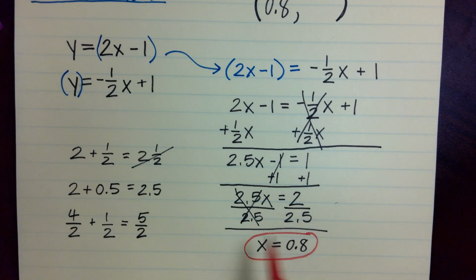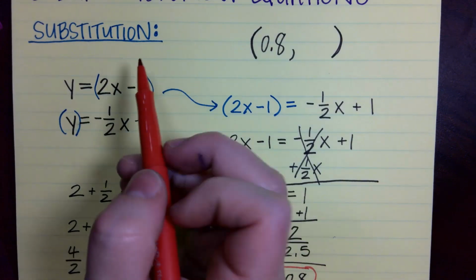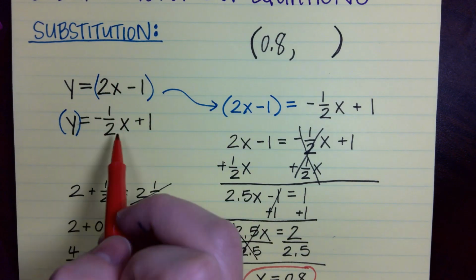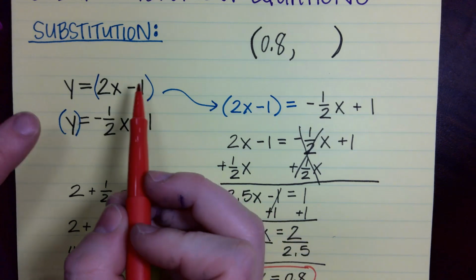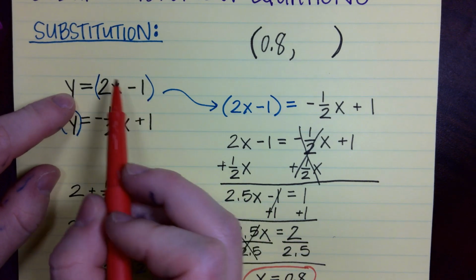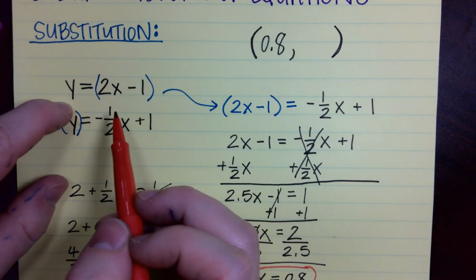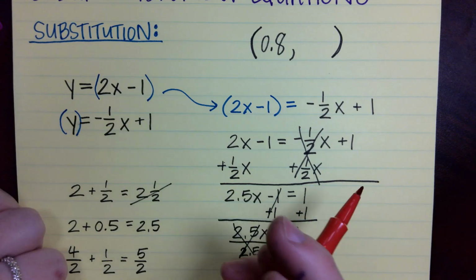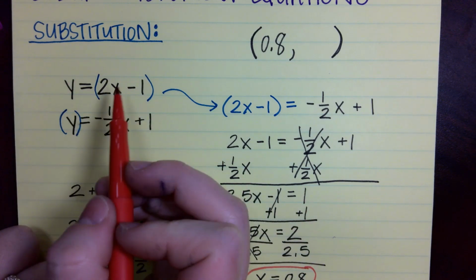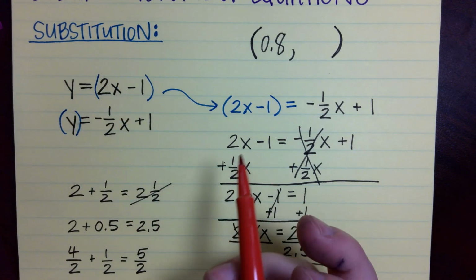Yeah, absolutely. So I could just take this x of 0.8 and plug it into either one of these equations here. I'm going to do the top one because it doesn't have a fraction. It'll give us the same answer, but it might be a little bit less difficult to work with.